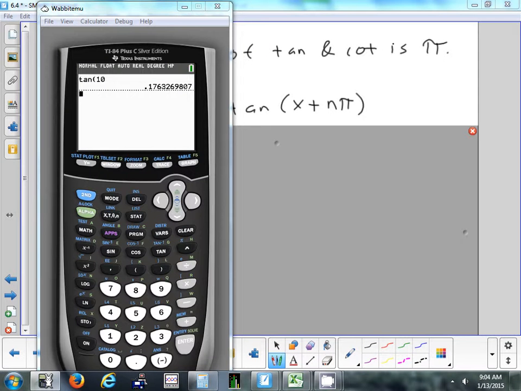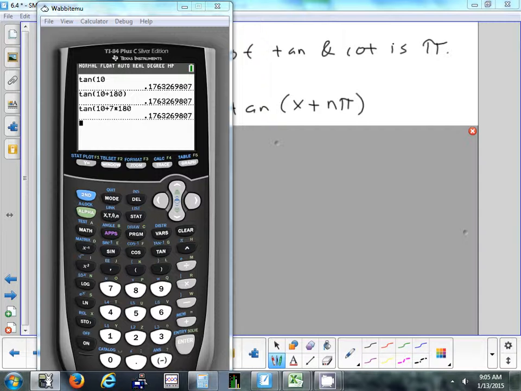Now if I take the tangent of 10 degrees, and I'm going to add a multiple of 180. In fact, I'll just add 180 times 1. Comes out the same. If I take the tangent of 10 degrees and add 7 times 180, that's still an integer multiple of 180.